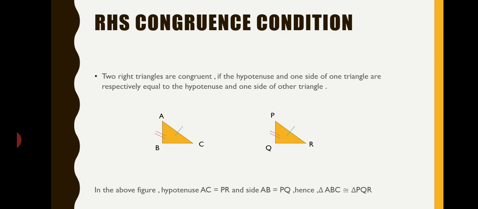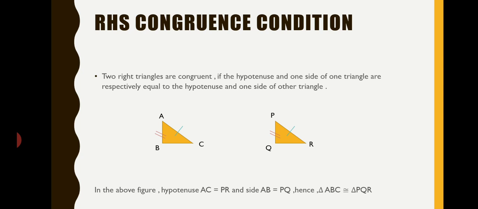So I'm repeating this condition. Two right triangles are congruent if the hypotenuse and one side of one triangle are respectively equal to the hypotenuse and one of the sides of the other triangle.